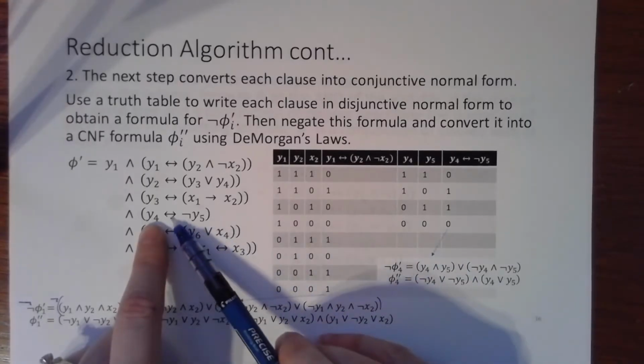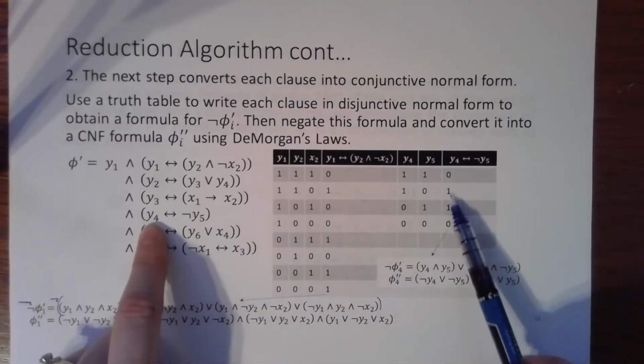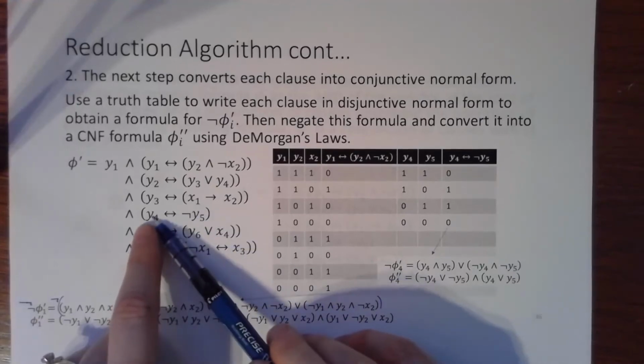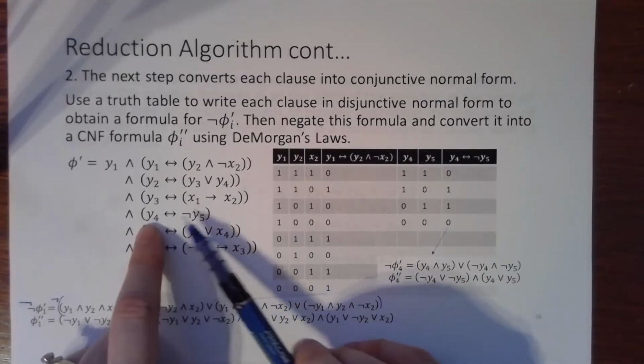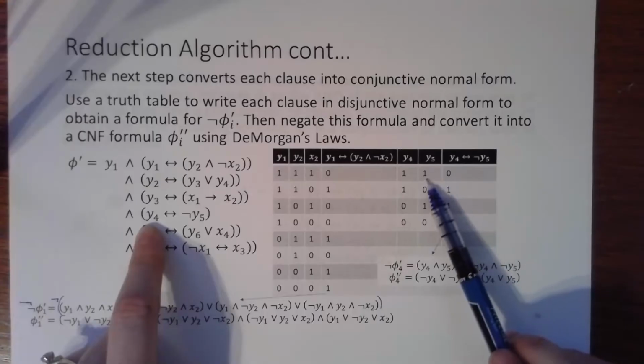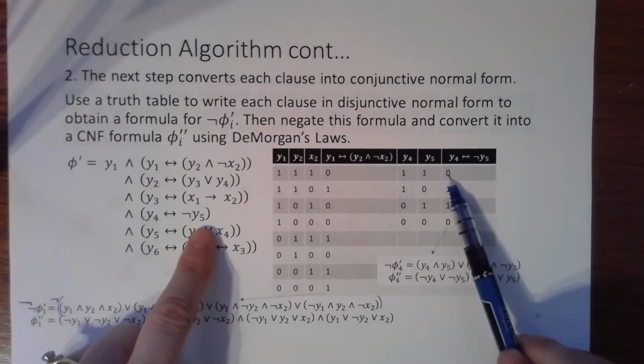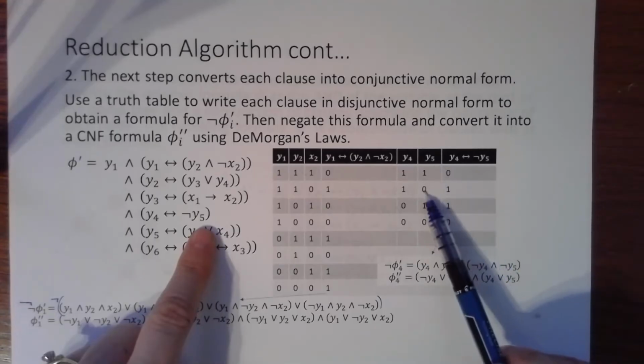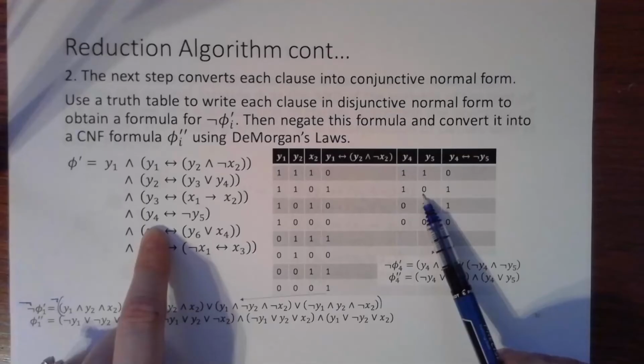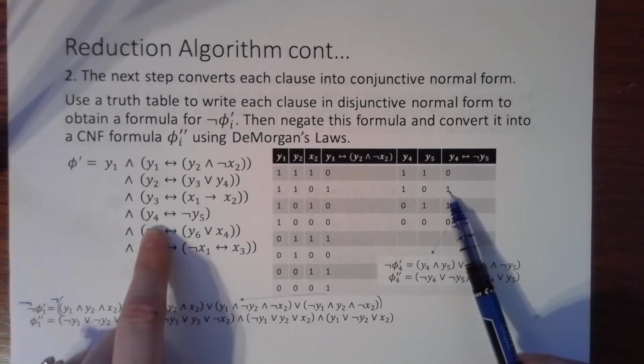And then we go through and evaluate the expression Y4 if and only if not Y5. So not Y5 would be 0, 1, if and only if 0 is 0. Here, Y5 is 0, so not Y5 is 1. We have 1, if and only if 1, that gives us 1.